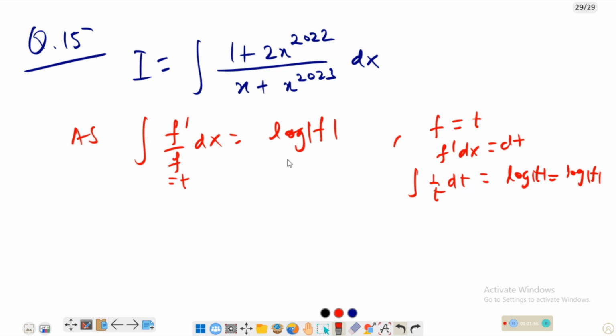So I use this technique in calculating this integration.